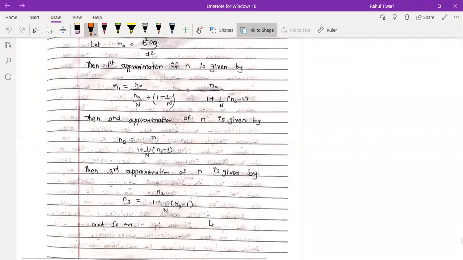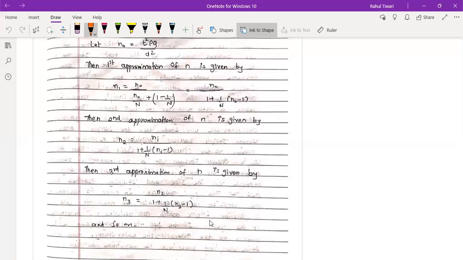So here, further you can simplify also. You can just make some adjustment here. n upon n and 1 minus 1 upon n. You can club these two together because their denominator is same. So 1 plus n naught minus 1 upon n. Then if you want second approximation, so this is your n1.